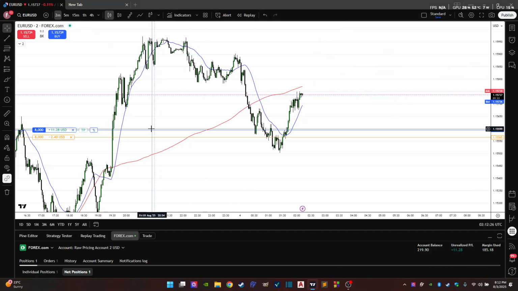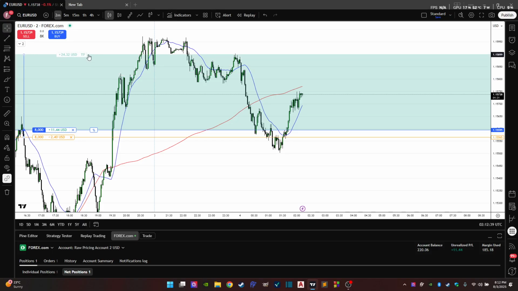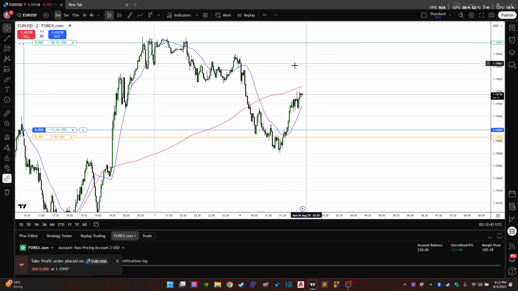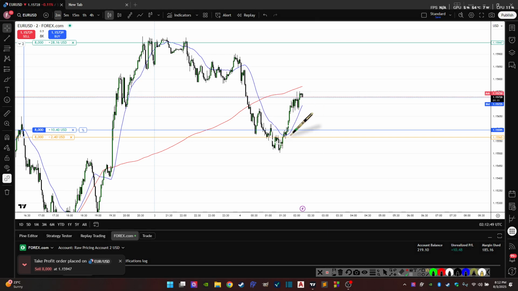And you can see very quickly that we are making 4R, 5R, 6R, 7R, 8R, 9R, 10R. It takes very few pips to make a high R ratio, because our stop is extremely tiny.